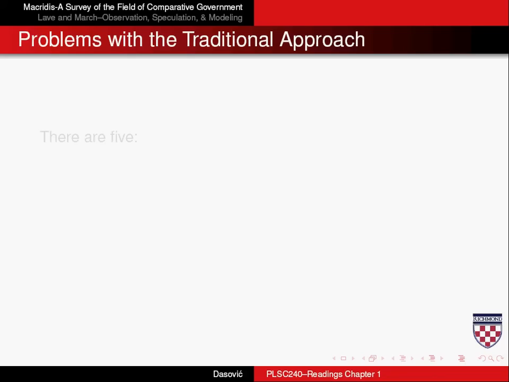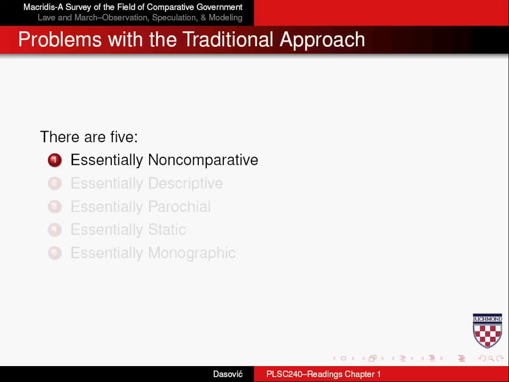So what did Macridis see as the main problems of the traditional approach? Well, he essentially saw five, and most importantly he argued that comparative politics was essentially non-comparative. In other words, there was very little explicit comparison, and we will be comparing a lot in this course.